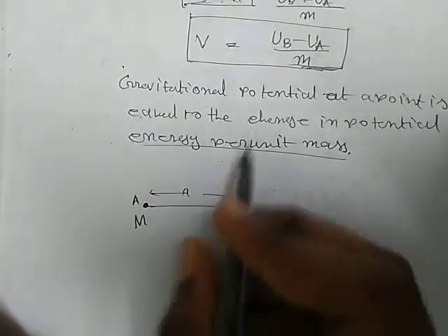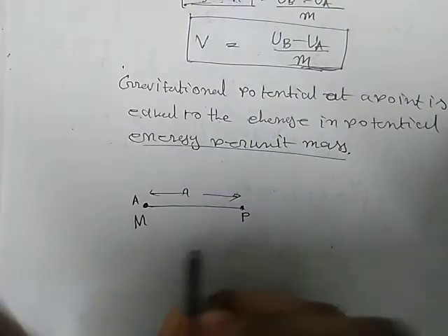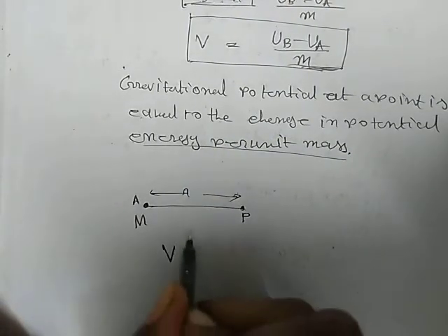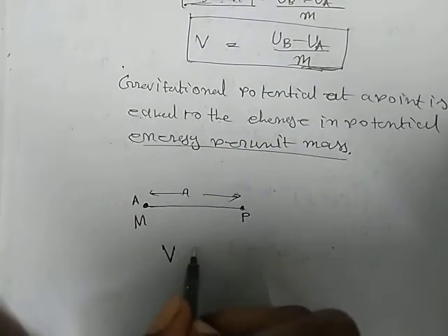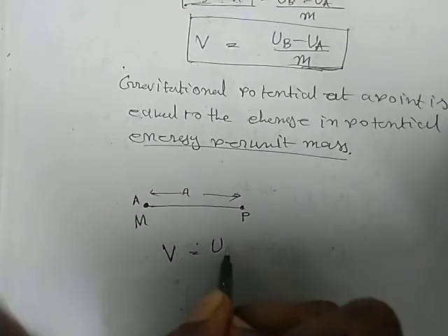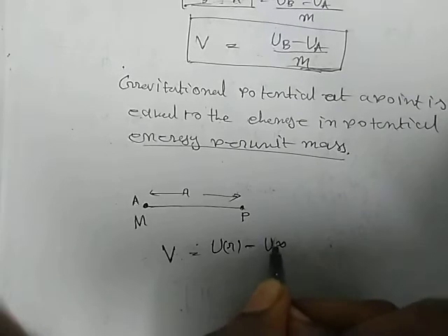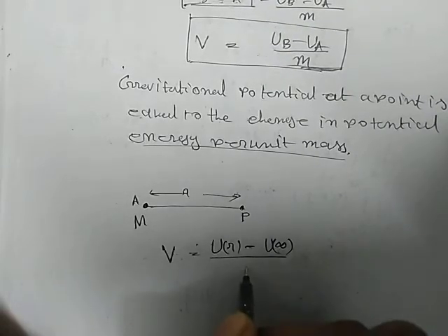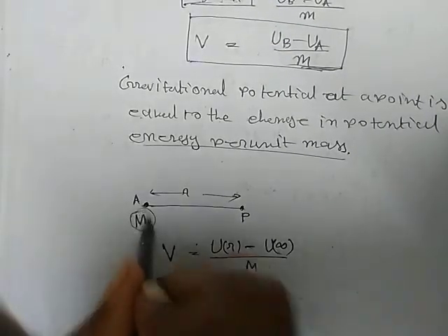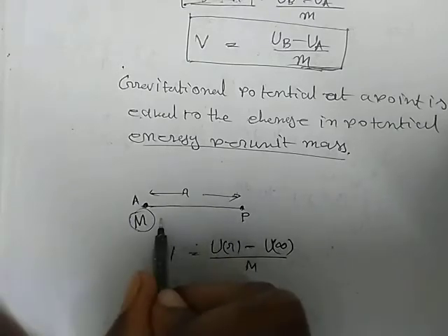So from this equation we can write the potential at this point P as Ur minus U infinity by m, where m is the mass of this particle.